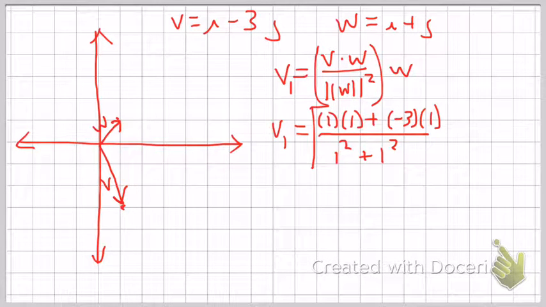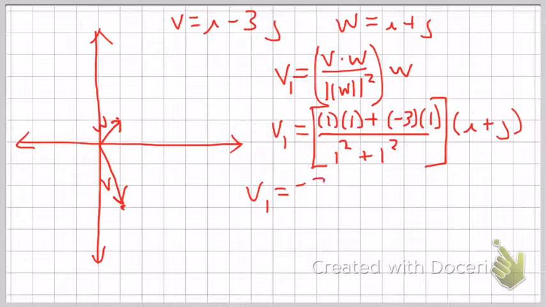So all that good stuff is our scalar multiplier of the original W vector, which is just i plus j. Okay, so simplifying, we've got -2/2 as our scalar, and then we're multiplying that times i plus j.